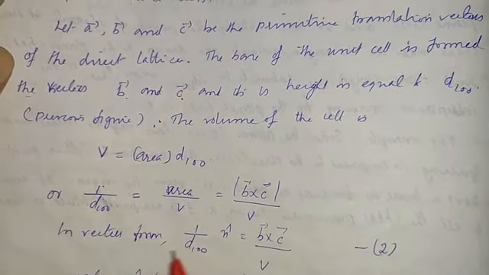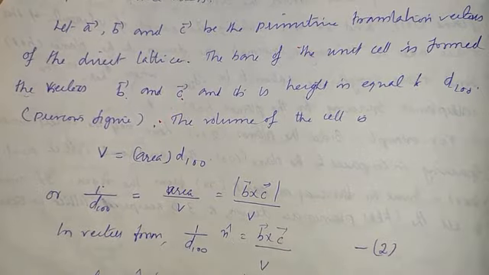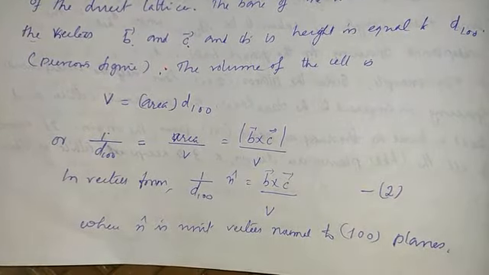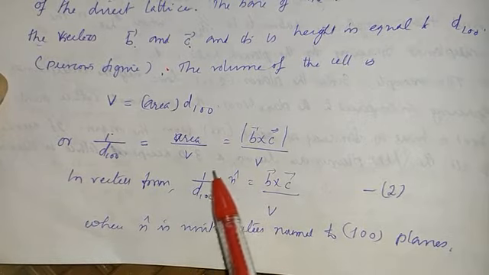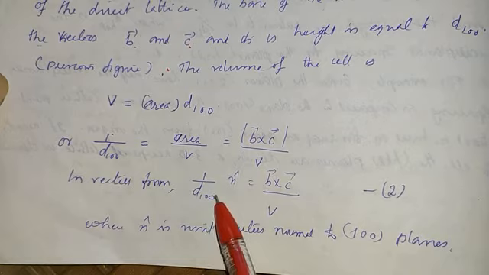The 1 by D100 can be represented as 1 by D100 n cap equals B cross C by V, where n is the unit vector normal to the 100 planes. So we have got the reciprocal lattice vector in vector form. So 1 by D100 means this is the reciprocal lattice vector, and n is the direction.